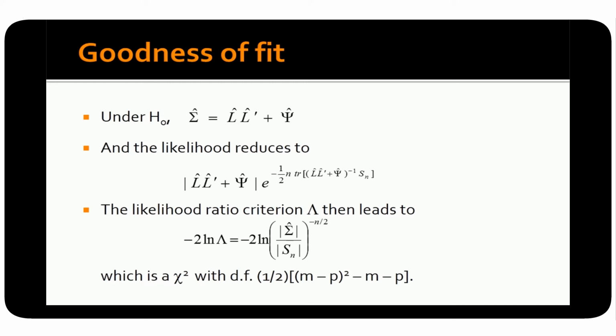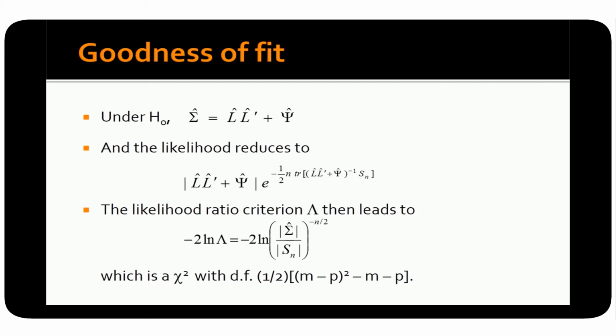So, in total there would be m into m plus 1 by 2 unknown elements in sigma. What about under H naught? Under H naught, the number of unknown elements would be the number of elements in L, which is mp, plus the number of elements in psi, which is just the diagonal elements, which is m. So, it is m into p plus 1.